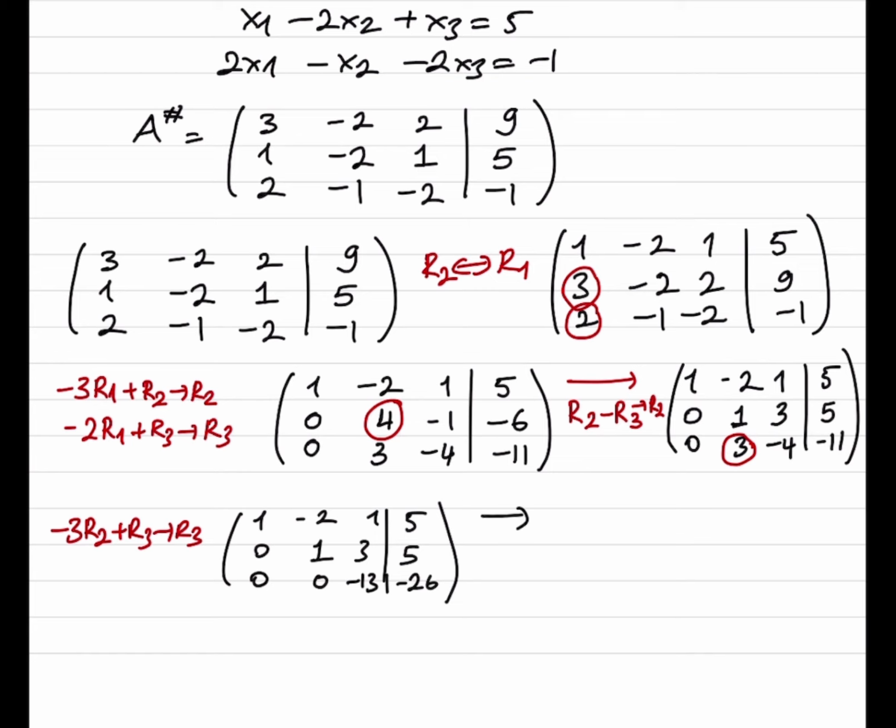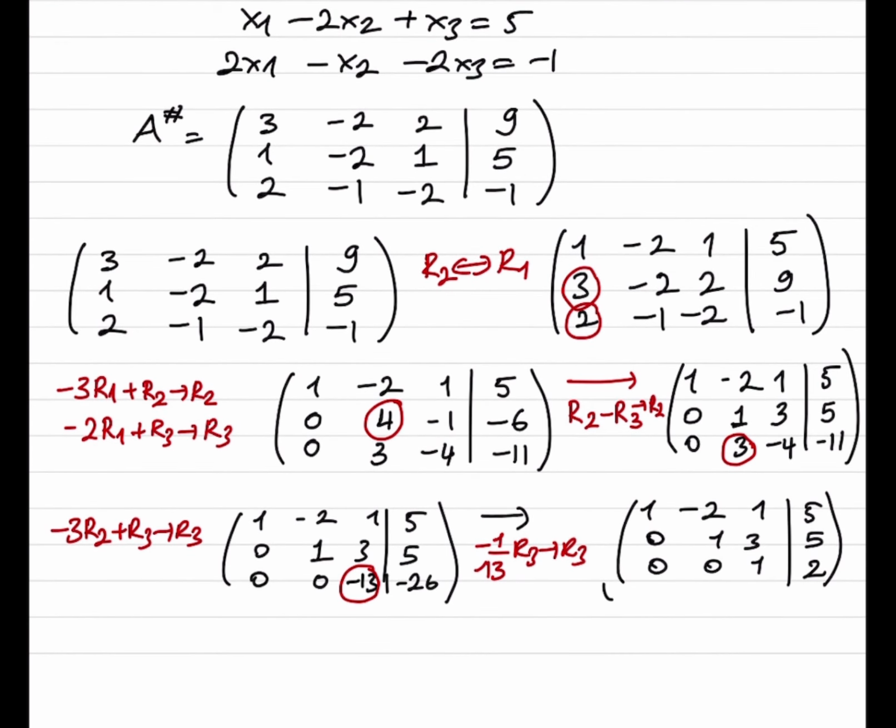And then we are lucky. How will we make this to be 1? We will just multiply with minus 1 over 13, and write it to R3, the row 3. So we have 1, minus 2, 1, 5, 0, 1, 3, 5, 0, 0, 1 equal to 2.